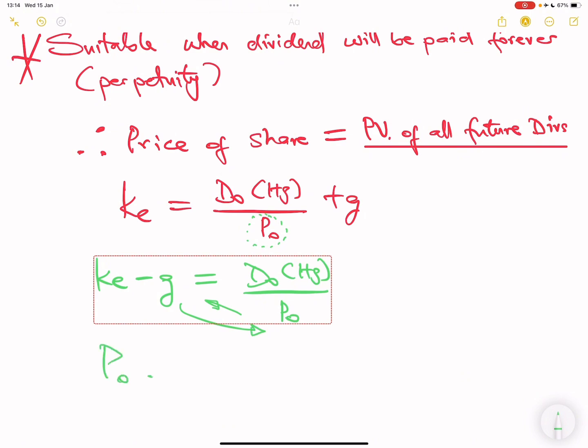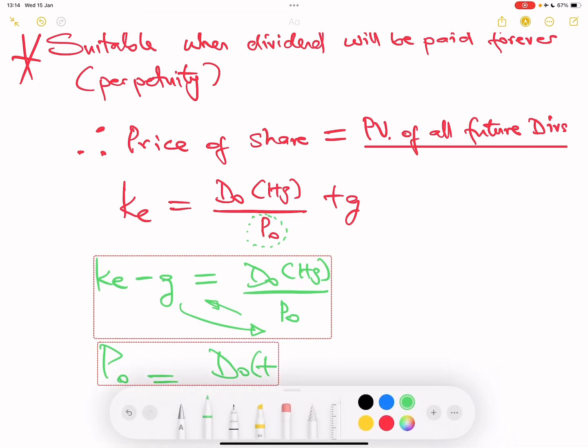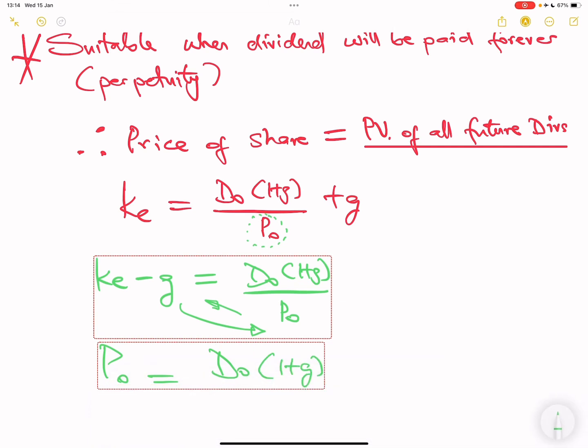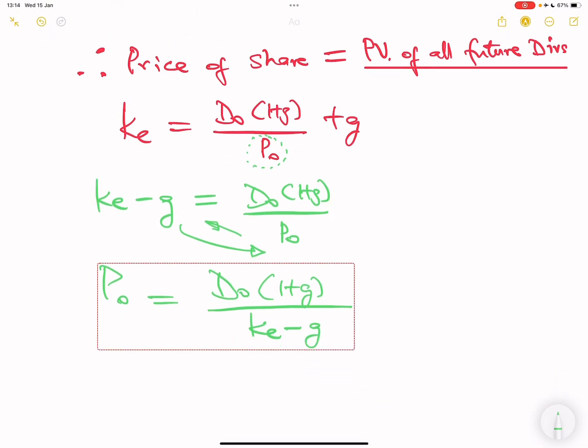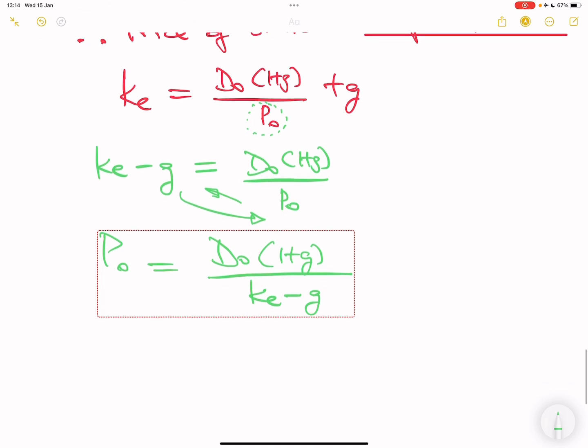In that case, P naught becomes D naught into brackets, 1 plus G, divided by KE minus G. And ladies and gentlemen, that is the formula for the dividend valuation model.